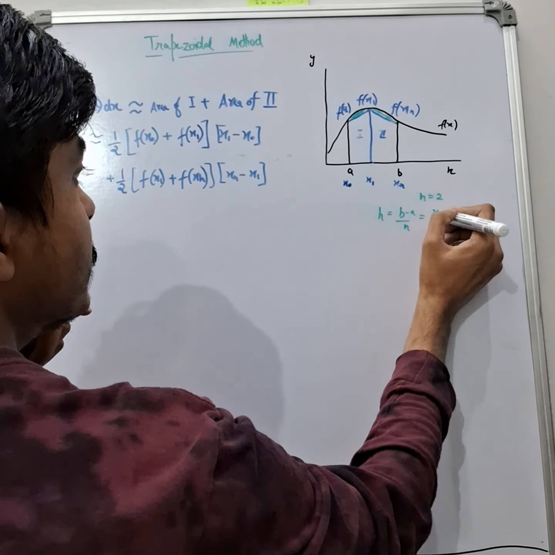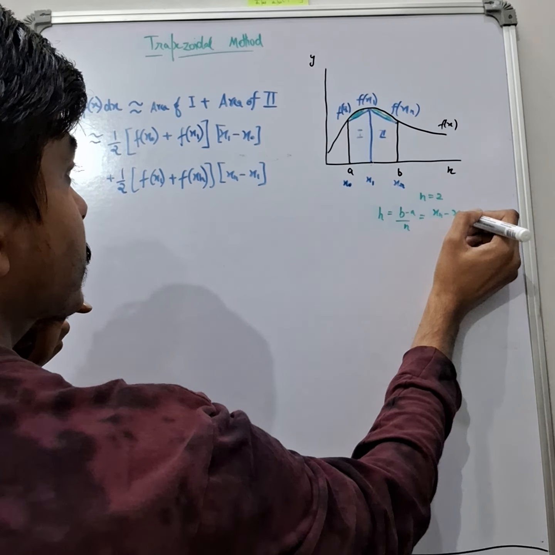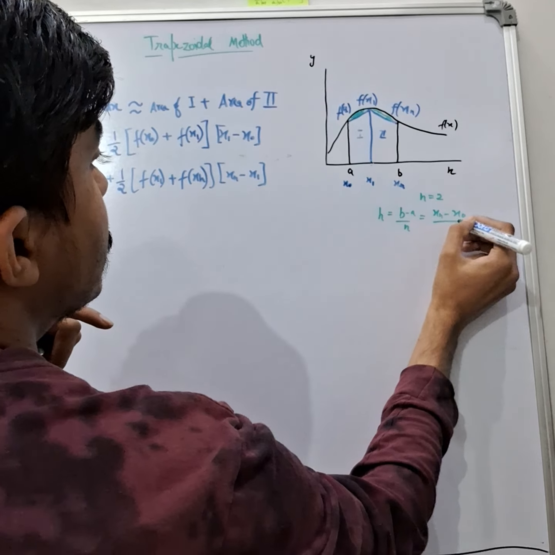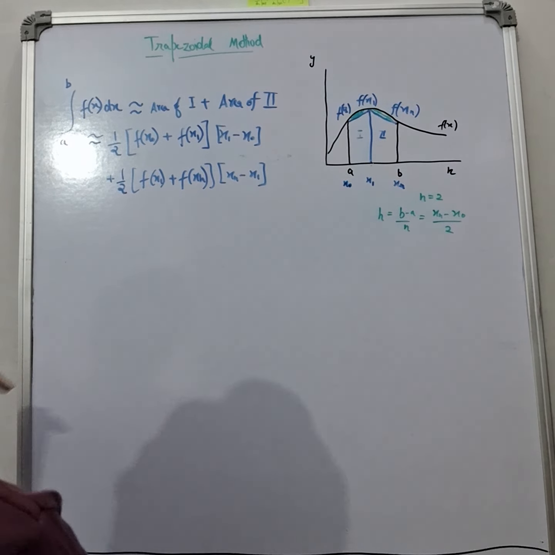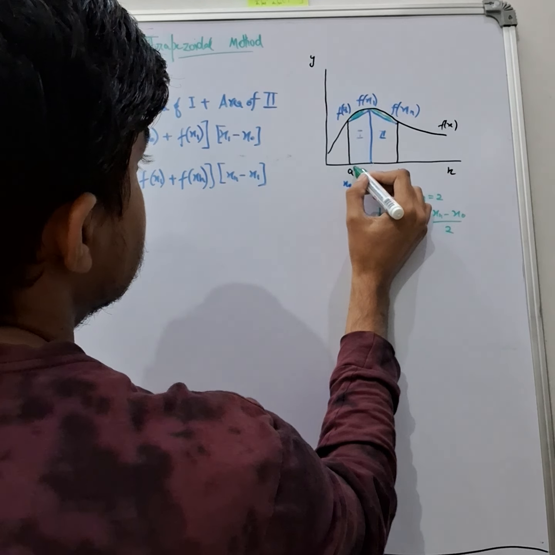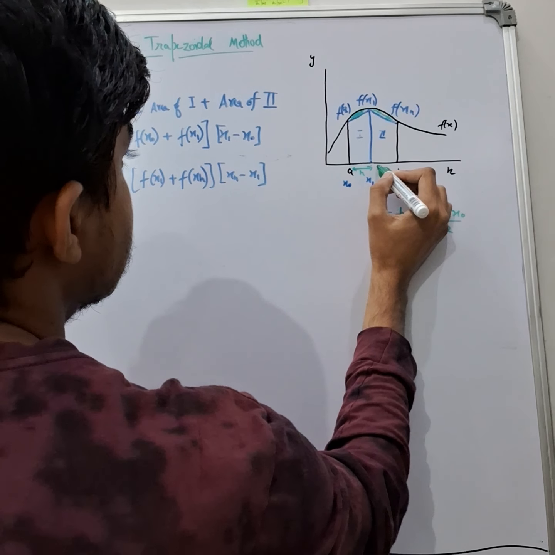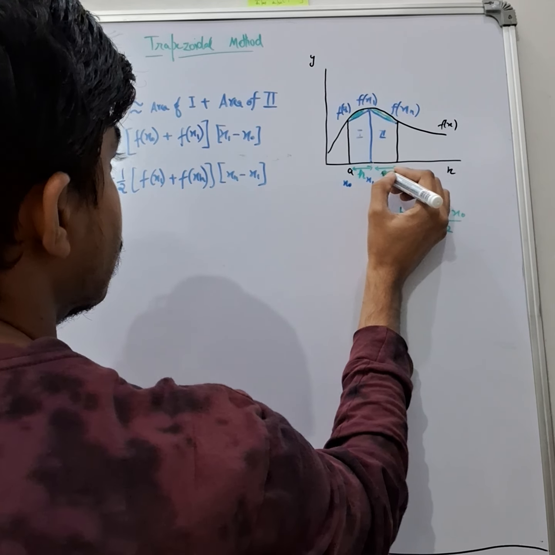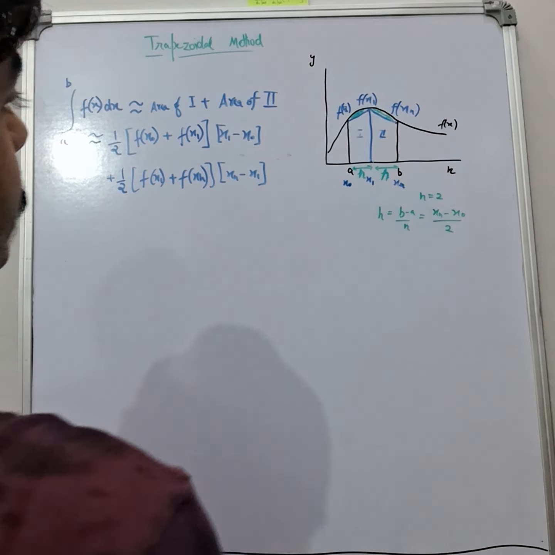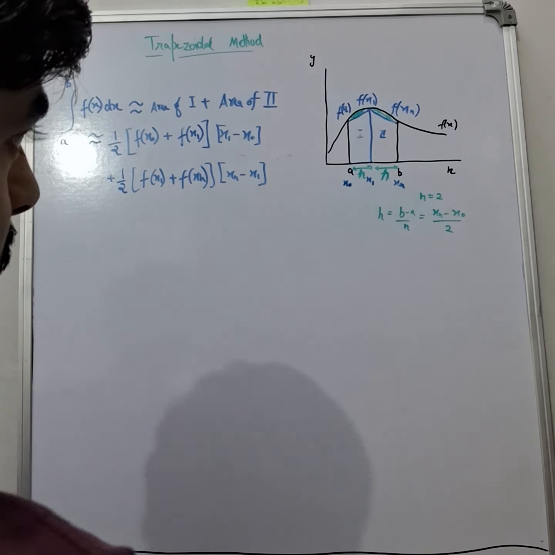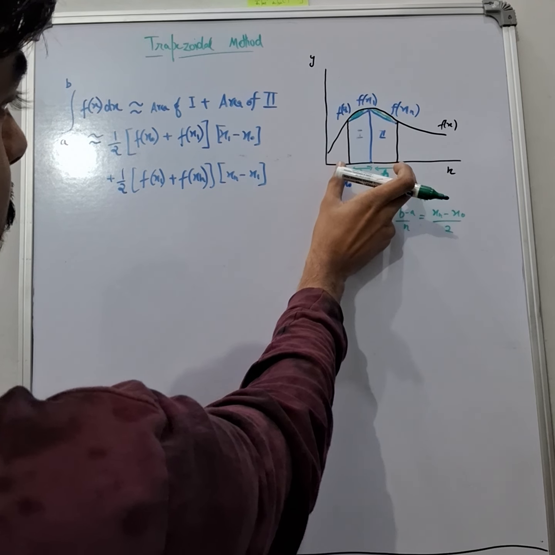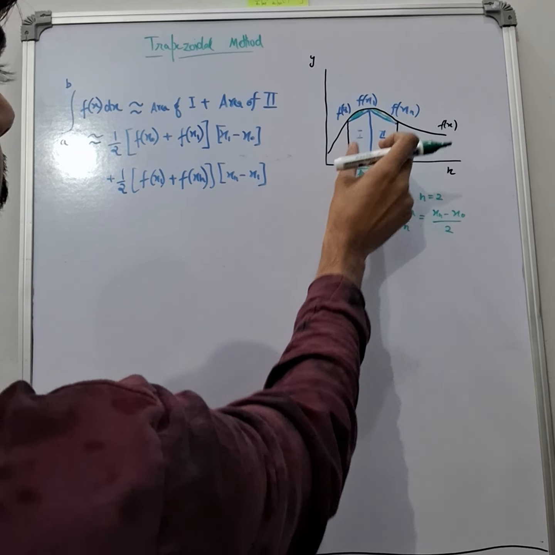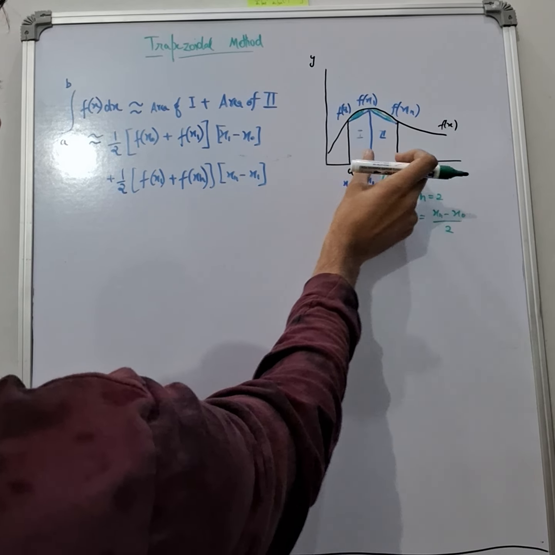For our case it is (xn minus x0) divided by 2. So h is basically this. This length is h, and these lengths are equal, h and h.